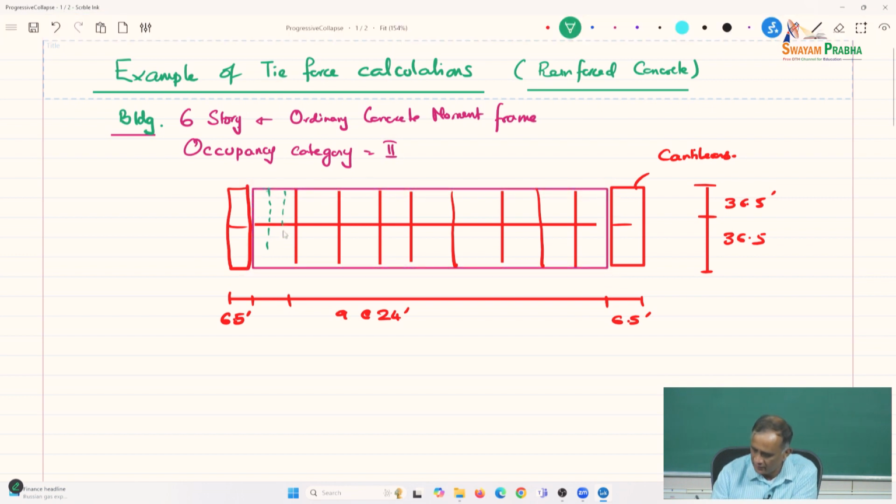These are 3 feet apart, so 3 feet on centers beams, and there are openings. In the third bay there is a half opening, then there is a full opening in the 5th. So, these are openings, and 6th, 7th, 8th one again a half opening.